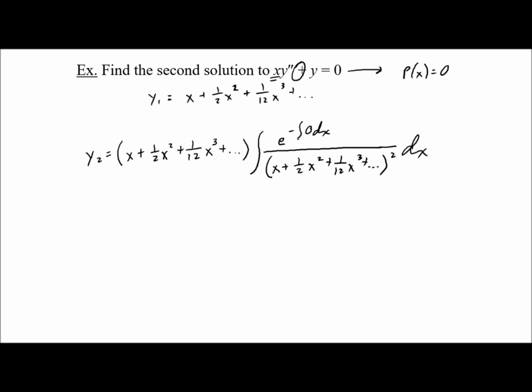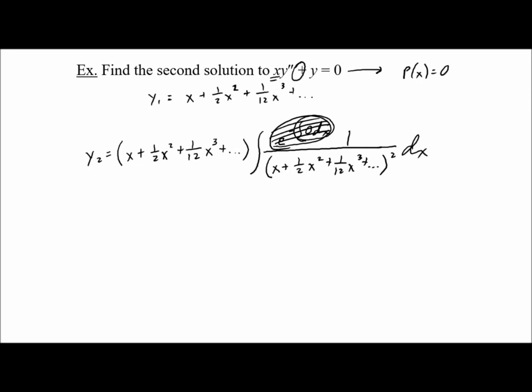First of all, hopefully you will agree this integral is just 1, or constant, I guess. E to any constant is just a new constant. If you were just to assume that the top of this fraction is just a 1, that's okay. Because remember, if at some point I need to write a general solution, my y2 is going to be multiplied by a constant anyway. So who cares if there's an extra constant? I'm just going to write a 1.